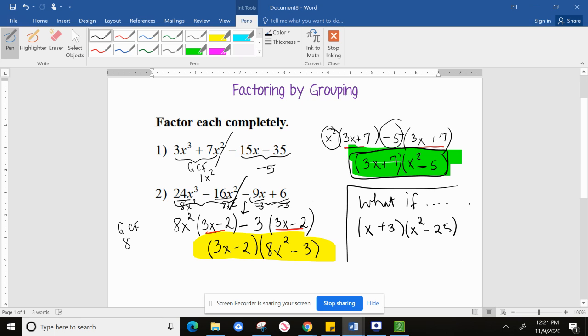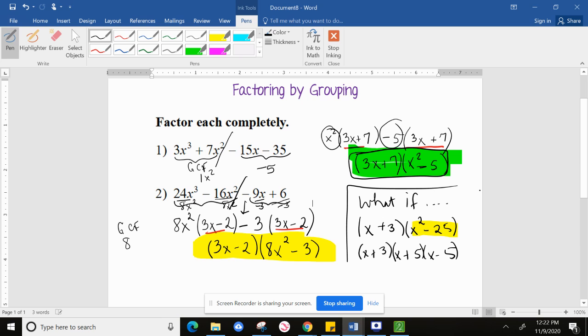It's possible. X plus 3, you can't touch that, but x squared minus 25, what do you call that? That is a difference of squares. And if that happens, you are obligated to factor this thing out completely. So I would expect you to bring down your x plus 3, and then divide this up into x plus 5 and x minus 5.